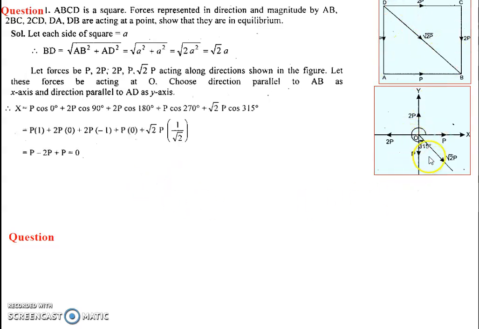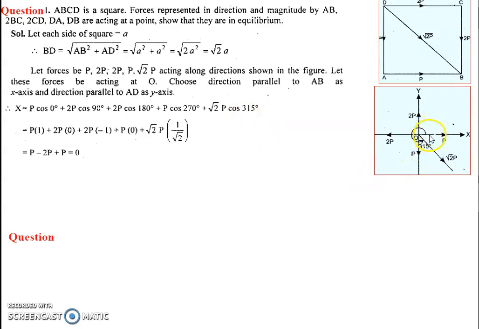Then X is equal to P into cos of the angle it makes with the x-axis, which is 0, plus 2P into cos 90, plus 2P cos 180, plus P cos 270, plus root 2 P cos of the angle 315. Students, be very careful.